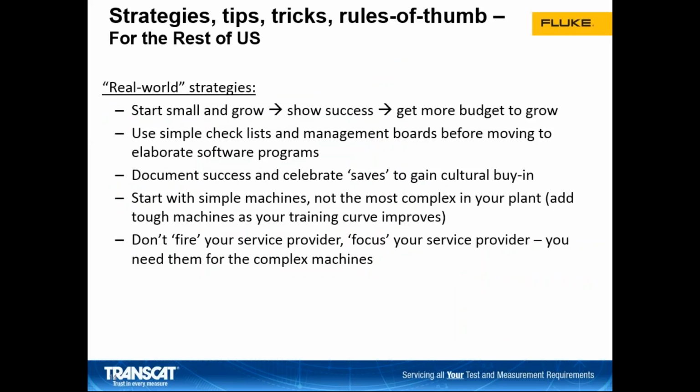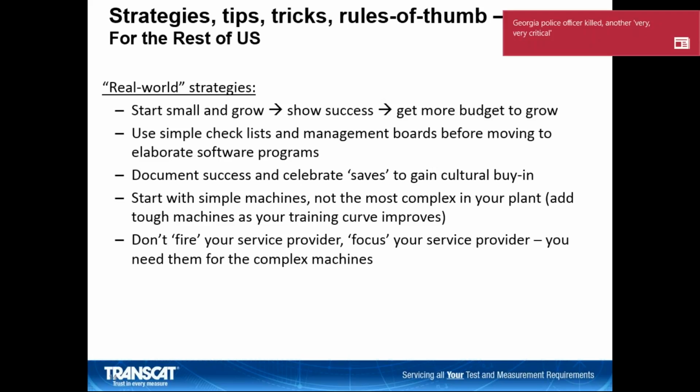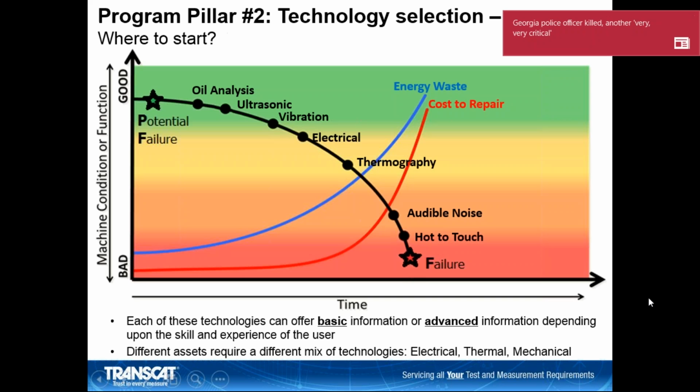Now I don't have very much time, but one thing that we have found is start small and grow. Don't start with all 5,000 assets in your plant. If you do, the program will never get started before upper management says, hey, what's going on?